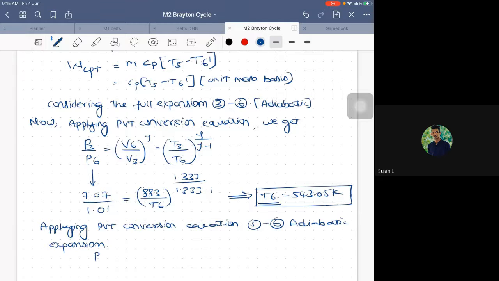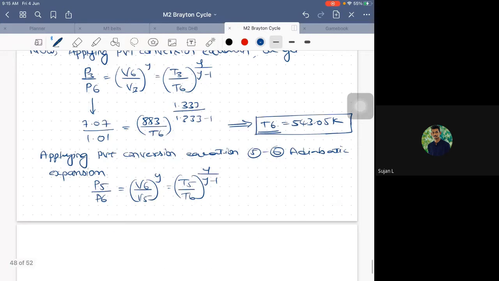It is P5 divided by P6, that equals V6 divided by V5 whole to the power of gamma, that equals T5 divided by T6 whole to the power of gamma divided by gamma minus 1. Okay.